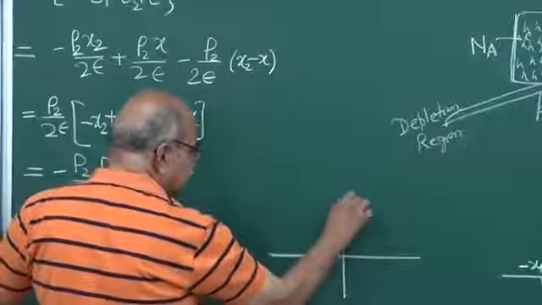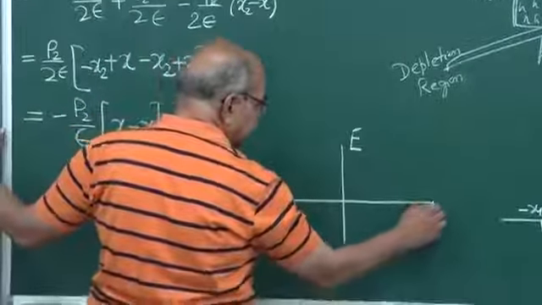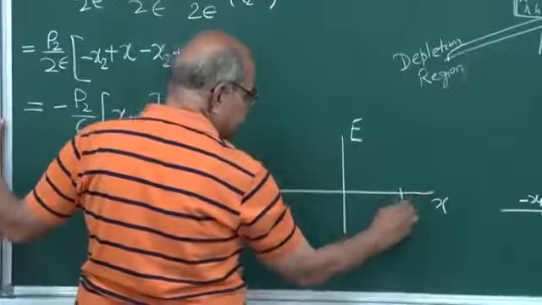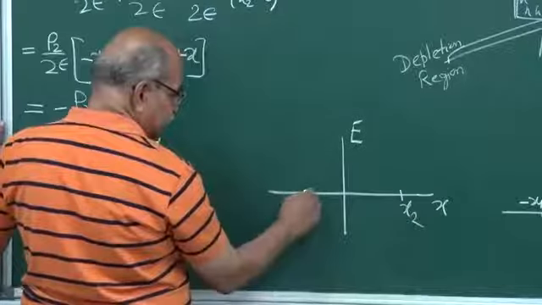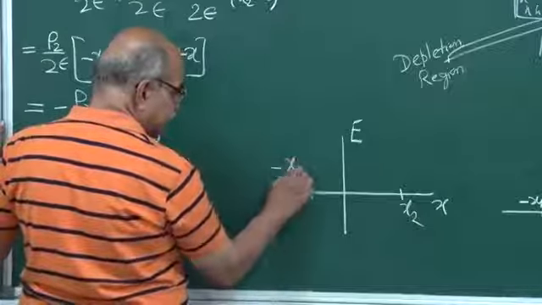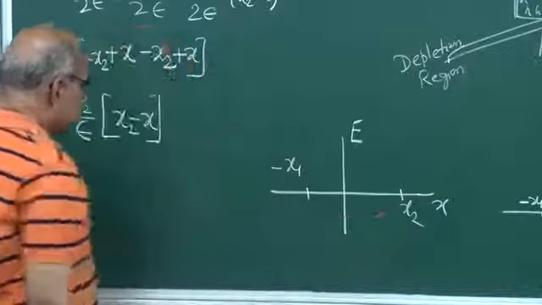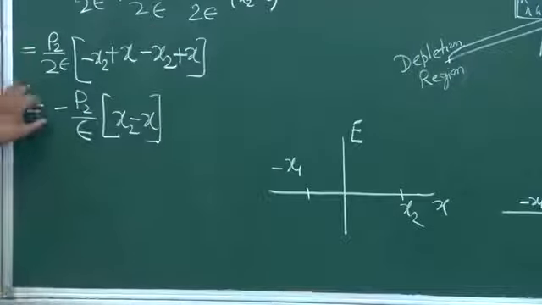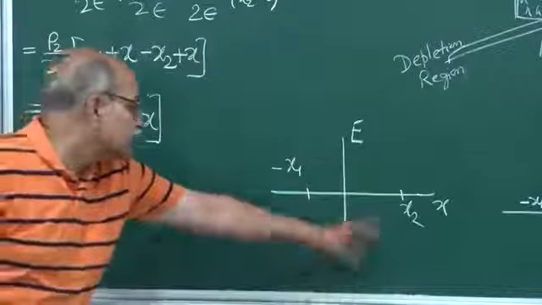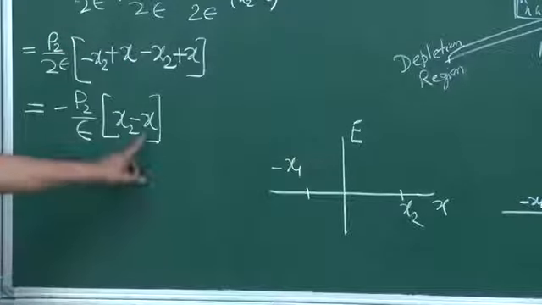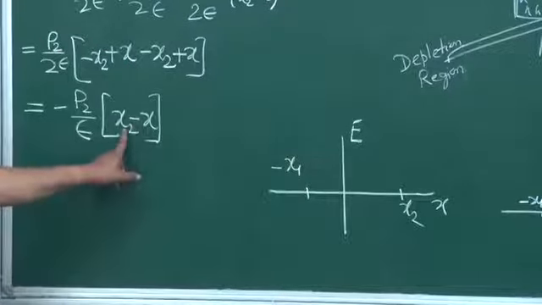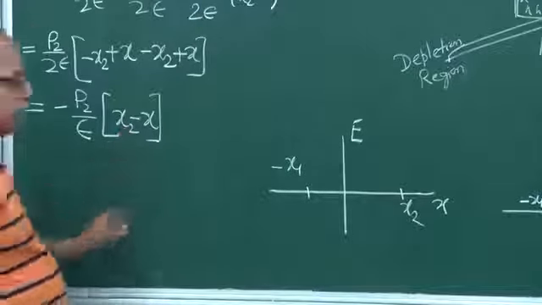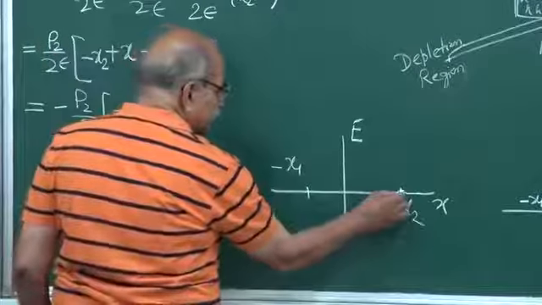Now I am plotting this E here, and this is x, this is the point x2, and this is that point minus x1, and I have calculated for this region only. This is negative, so this electric field will be on the negative side. At x equal to x2, the electric field will be 0. So here the electric field will be 0.